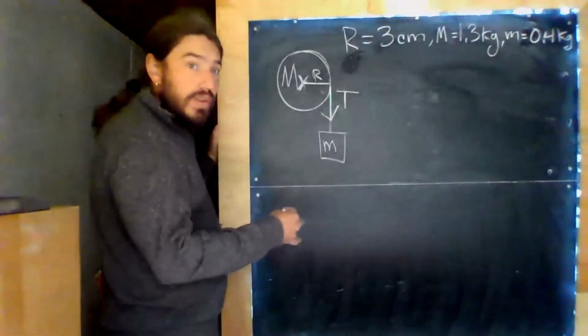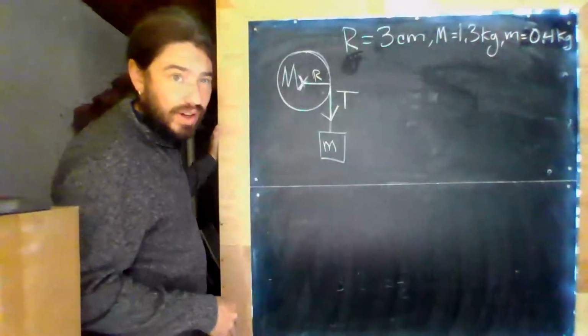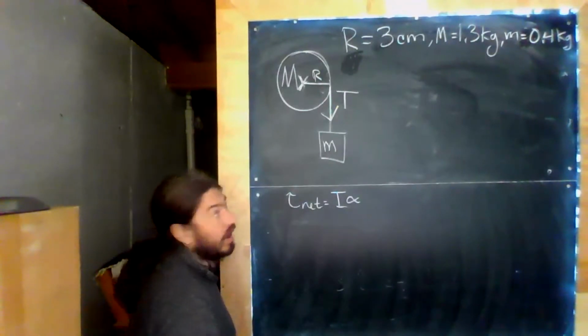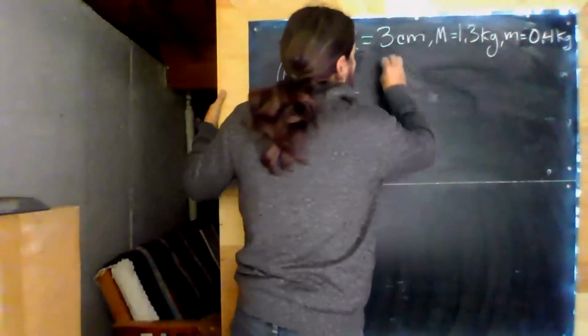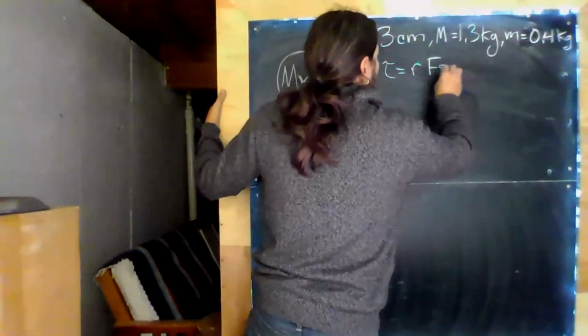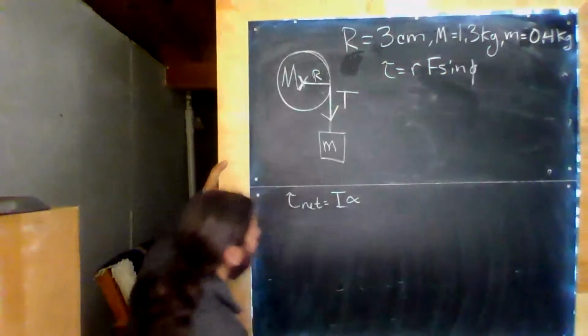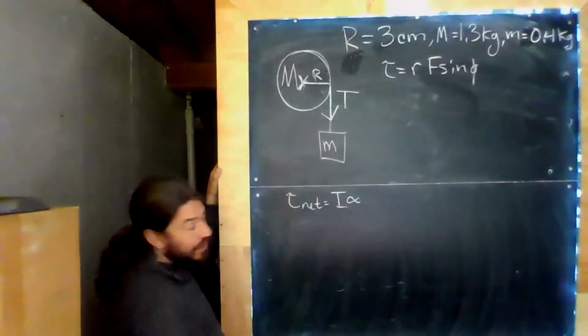So let's apply Newton's second law for rotations to the drum and just see how far we get. And don't forget our definition of torque, right? Torque equals R F sine phi. Great. I only see one torque acting on the drum.